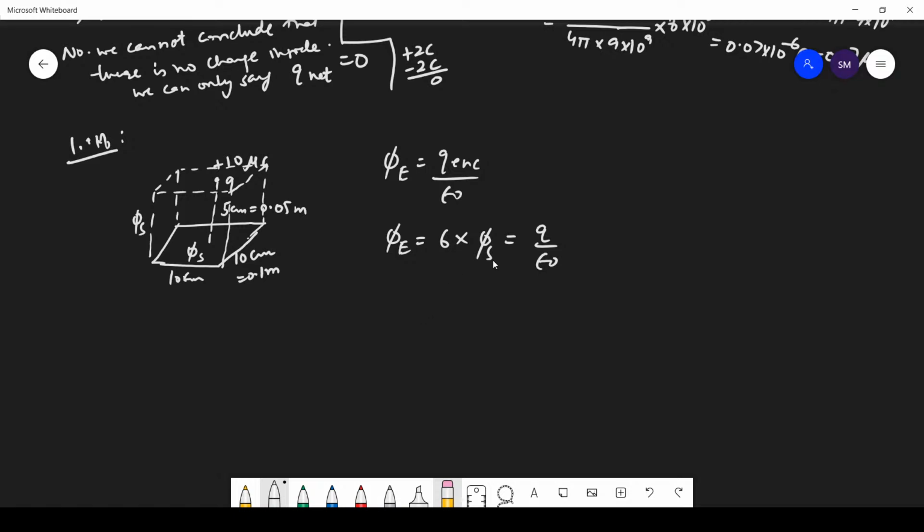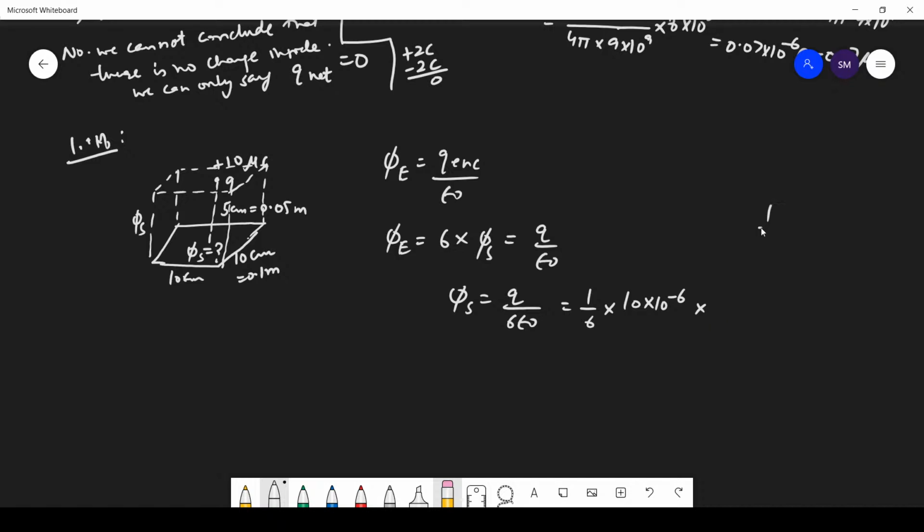Now we have to calculate this phi s, the flux through this surface. So phi s is equal to q upon 6 epsilon naught, and this comes out to be 1 upon 6 into 10 microcoulomb, which is 10 to the power minus 6 coulombs, into epsilon naught.